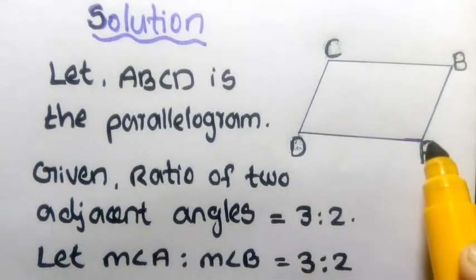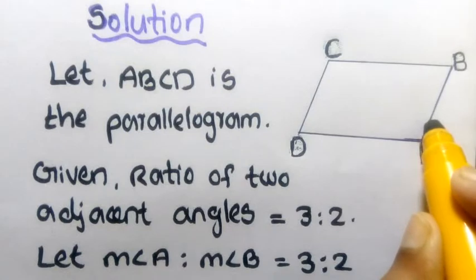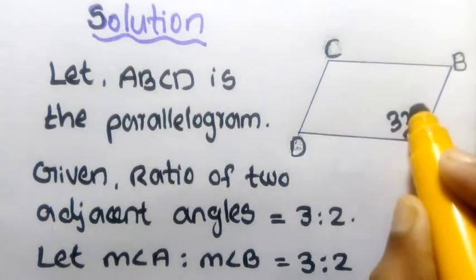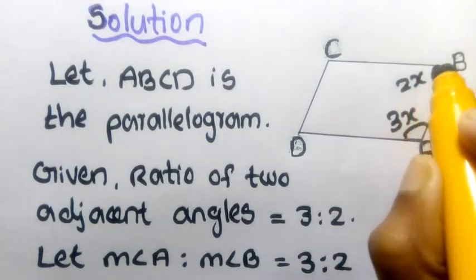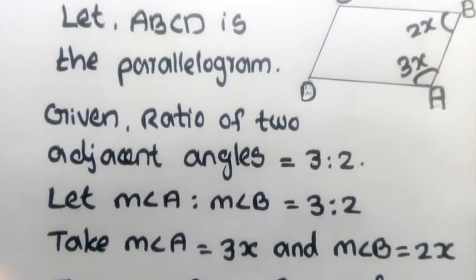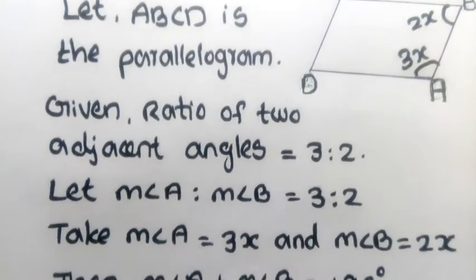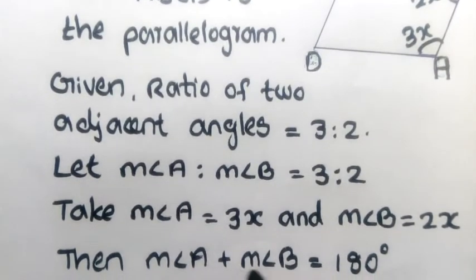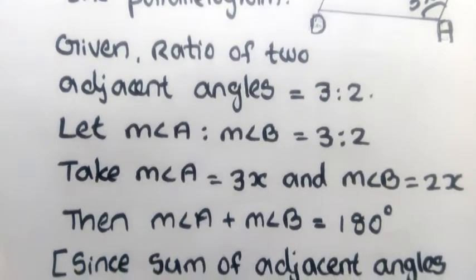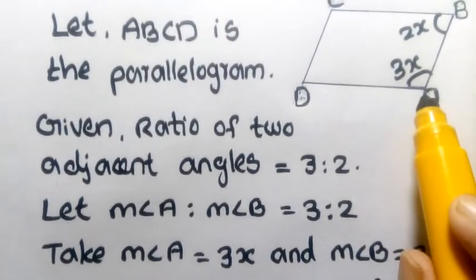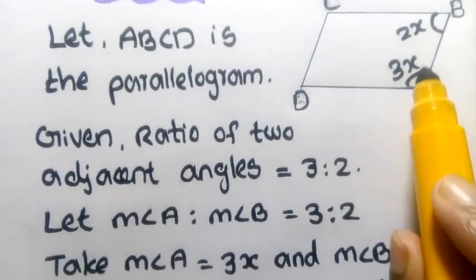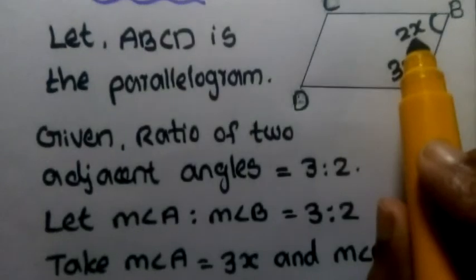So, measure of angle A is equal to 3x and measure of angle B is equal to 2x. By the property, measure of angle A plus measure of angle B is equal to 180 degrees, since adjacent angles are supplementary.